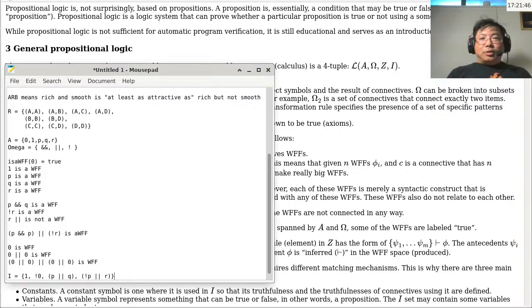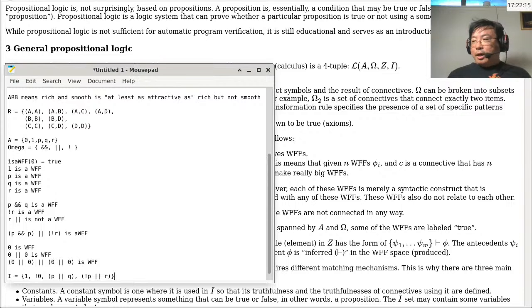There's no derivation needed, no explanation needed for why these particular expressions are here. They are just assumptions, known to be true. So iota really gives meaning to a propositional logic system because it is seeding the entire system with something. These are the axioms basically, and we want to see what we can derive from these axioms.